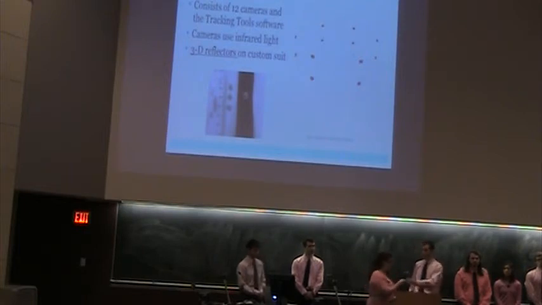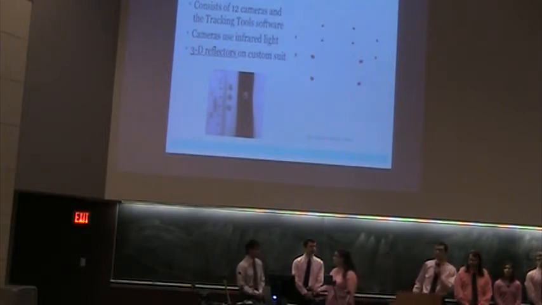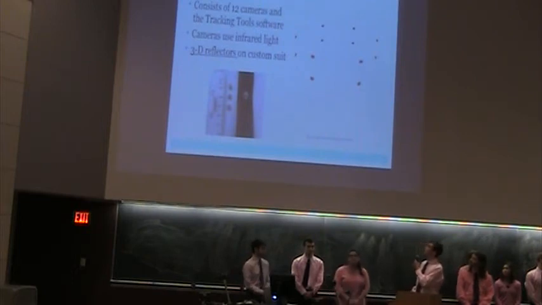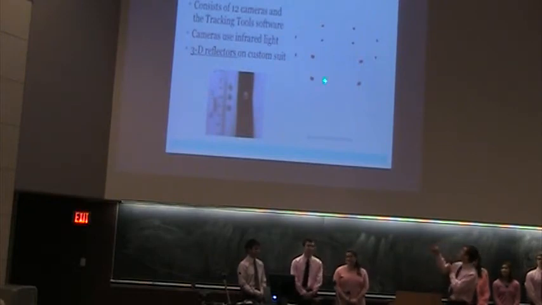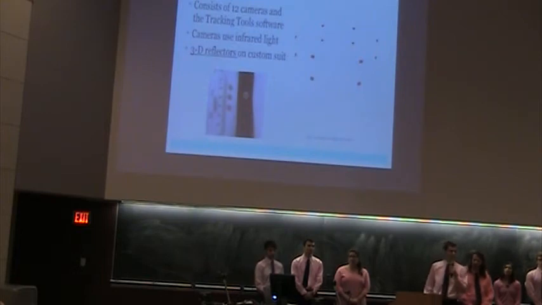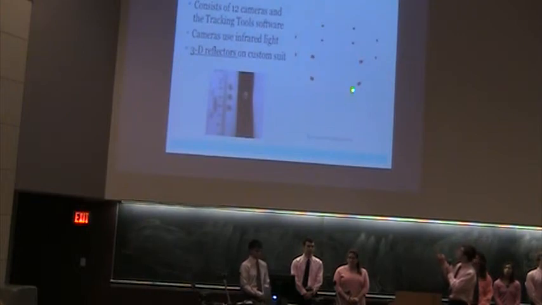Thank you, Jillian. So we will be working with the OptiTrack motion capture system, which consists of 12 cameras arranged as shown here. The cameras detect infrared light, which bounces off reflectors within the capture volume, which is an area around where the skeleton there is standing.